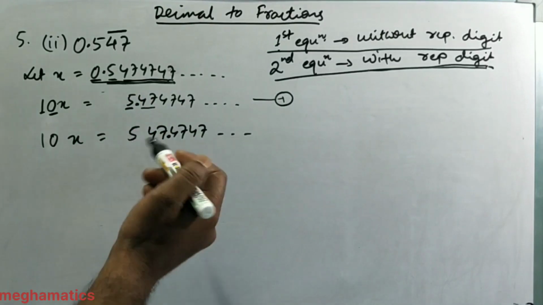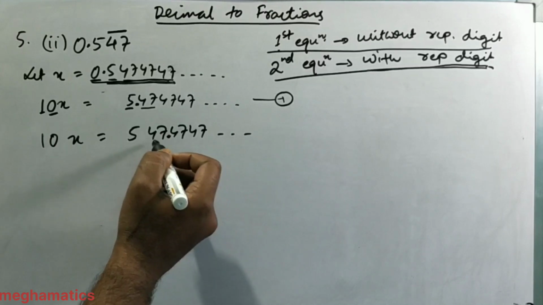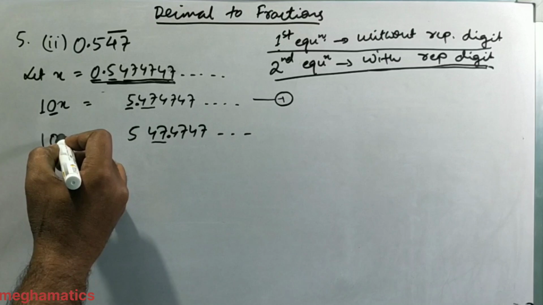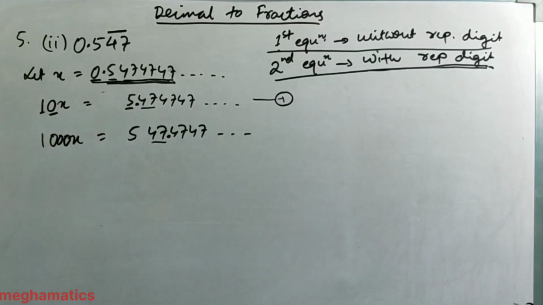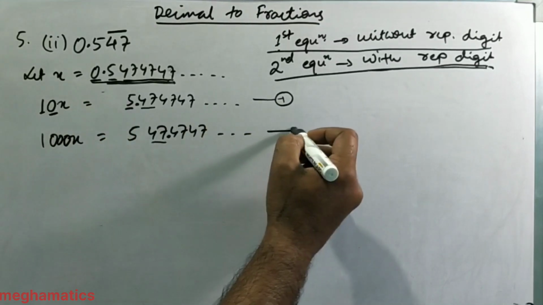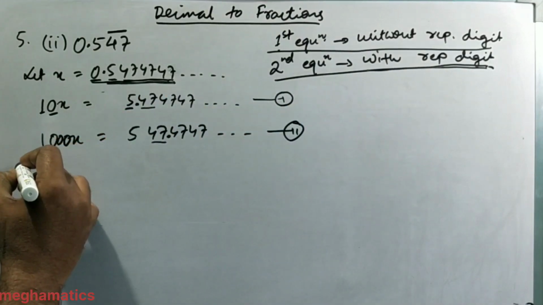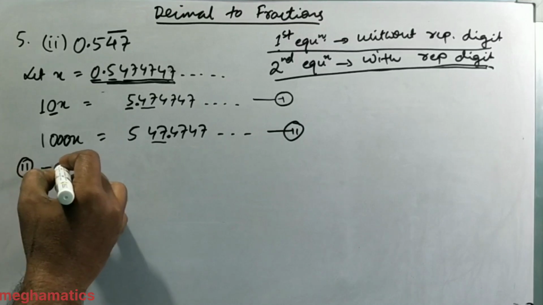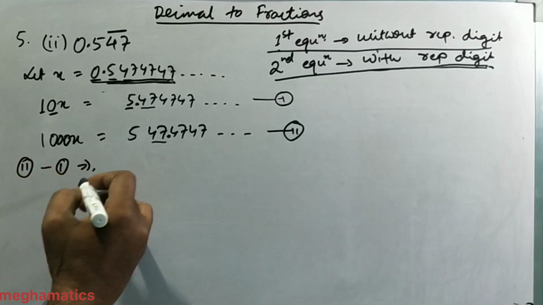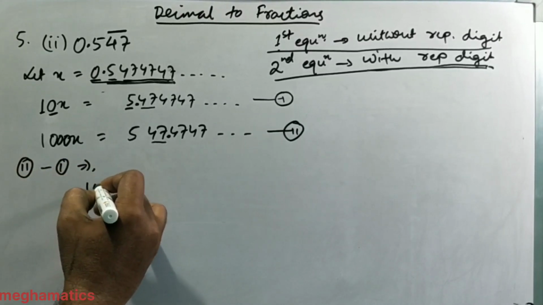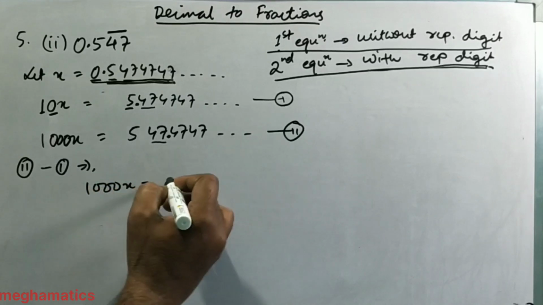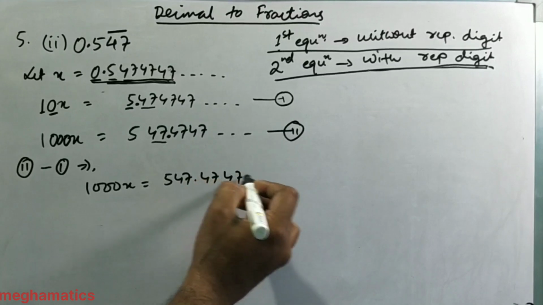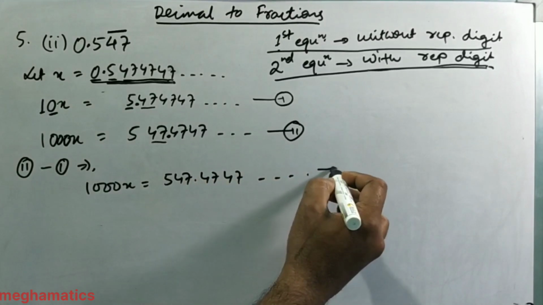Since the point has moved 2 digits towards the right, we need to put another 2 zeros here, and this will be equation number 2. Now we'll have to subtract equation number 1 from equation number 2. Equation number 2 is 1000x is equal to 547.4747..., this is equation number 2.